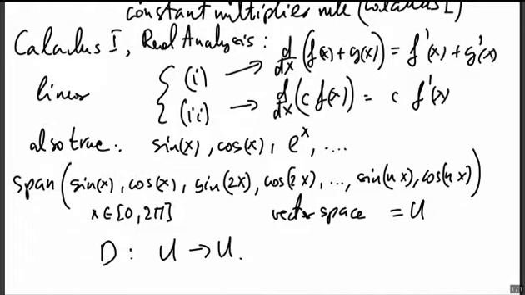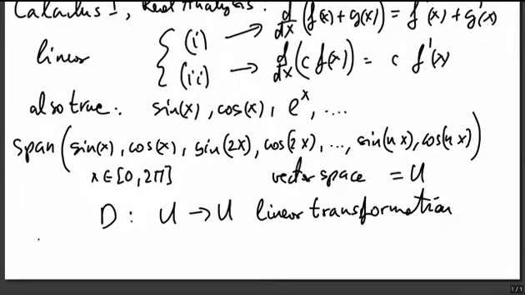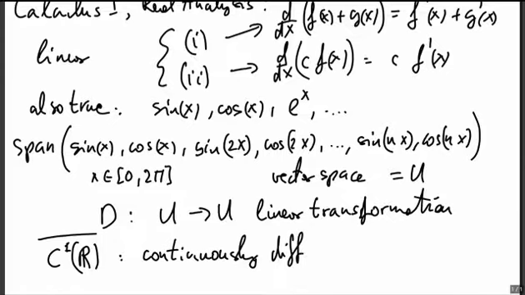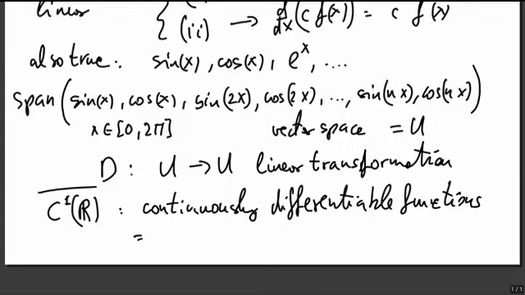For example, these sine and cosine functions are used a lot in numerical approximations. And this is also a linear transformation. I even mentioned before the space of continuous functions. If I use C1 notation, for example, C1R denotes the once continuously differentiable functions, or simply continuously differentiable functions. So this is a vector space. Why?